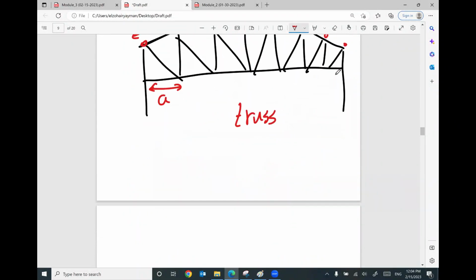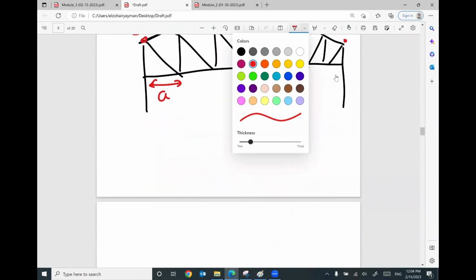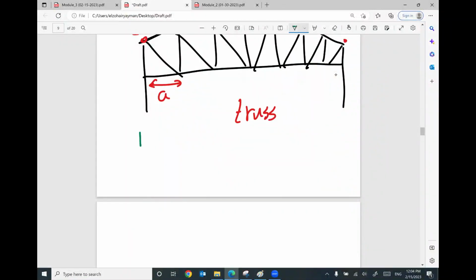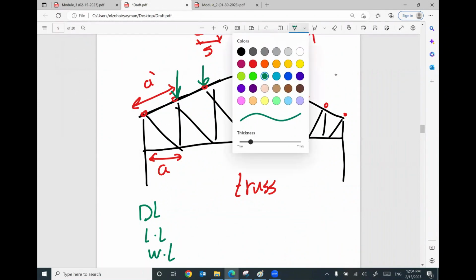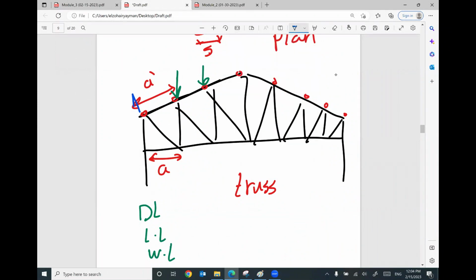Then you will start to figure out what is the value of dead load at each joint of your truss, what is the value of live load at each joint of your truss, what is the value of wind load at each joint of your truss, and keep in your mind your wind will be suction and perpendicular to the inclined surface.